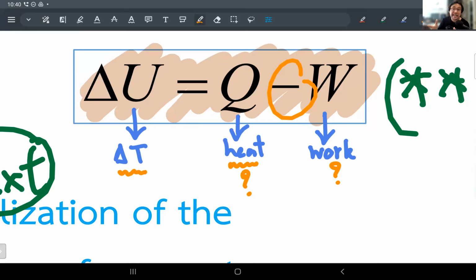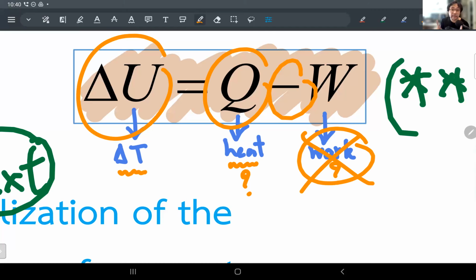Or maybe you put a gas in a tank, then you automatically assume that there's no work done. So that's easy. When there's no work done, you give some heat, of course the temperature will rise, because these two things happen in the same direction. So that's good.